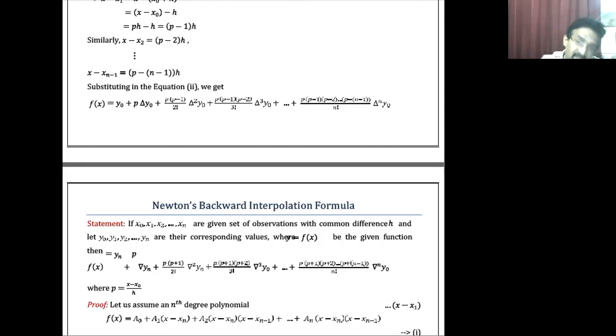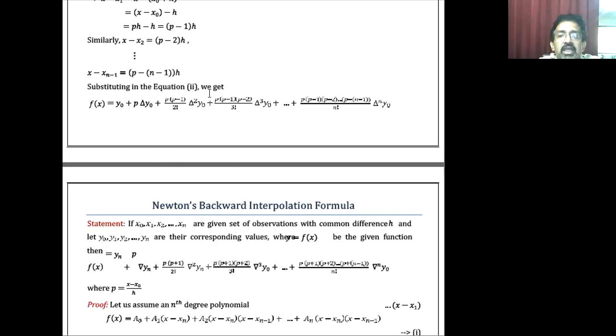The statement is, if x naught, x1, and so on up to xn are a given set of observations with common difference h, and y naught, y1, and so on up to yn are their corresponding values, then the value of the function is given by f of x is equal to yn plus p times del of yn plus p into p plus 1 by 2 factorial del squared yn. If you observe, in the forward formula it was p into p minus 1 by 2 factorial, but here it is p into p plus 1 by 2 factorial.